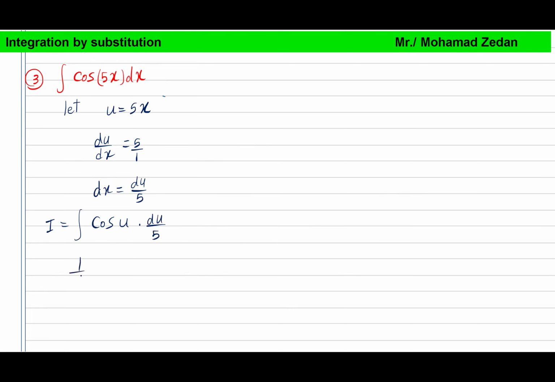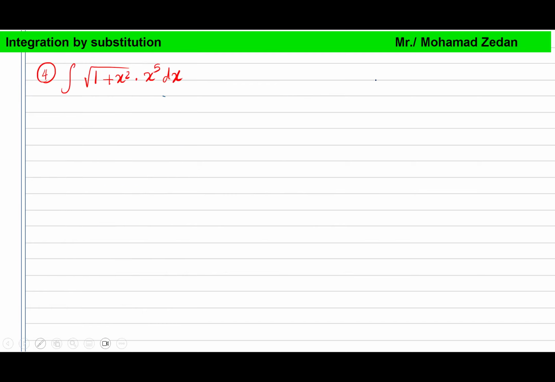So 1 over 5 integral of cosine u du. The integral of cosine is sine u plus c. So the answer is 1 over 5 sine of 5x plus c.